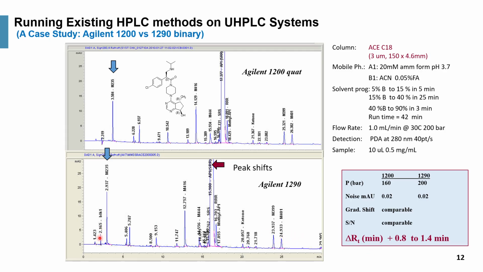Also observe that the peak height of the early eluting peaks, eluting almost under isocratic condition, is much higher in the UHPLC system because of the smaller system dispersion, right? The peaks are sharper. However, the peak area does not change.